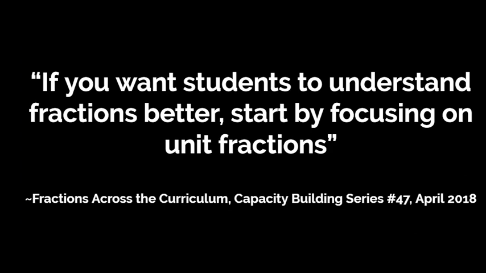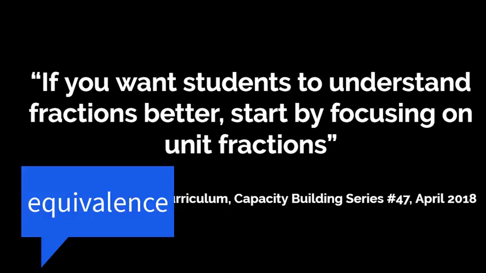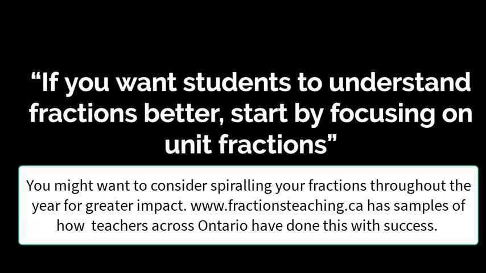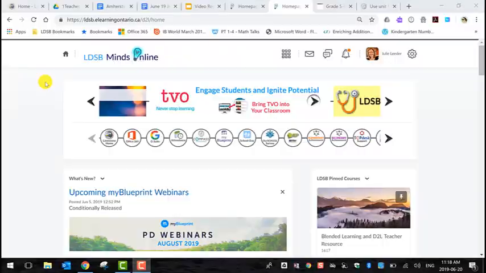When students understand the unit fraction, decomposing and composing fractions becomes easier, and they will automatically be exposed to equivalents, mixed numbers, and improper fractions. We need to spend more time with unit fractions, not just jump too quickly to other ideas around fractions. We need students to have lots of experience using unit fractions.